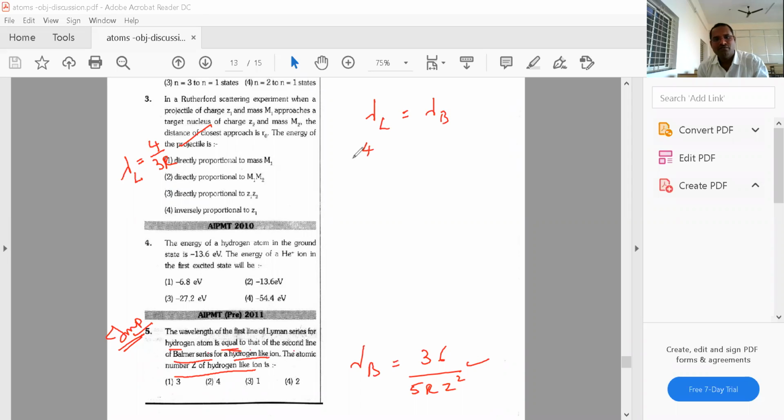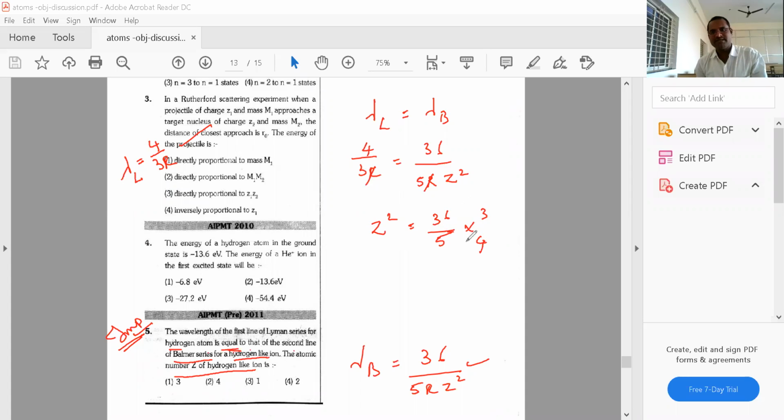That is 4 by 3R should equal to 36 divided by 5R Z square. R cancels. Z square is equal to 36 divided by 5 into, this will go that side, 3 upon 4. We can write. Correct?